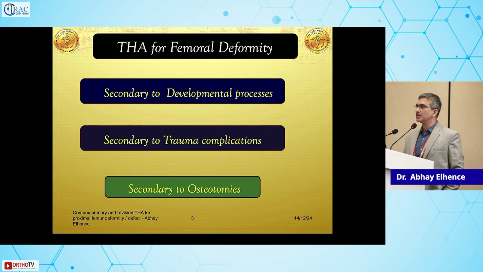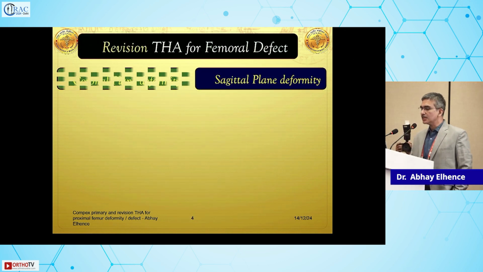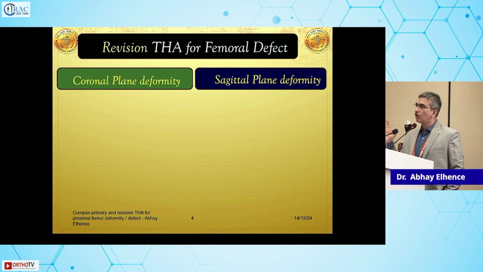And invariably, we will be faced with young adults or slightly older adults who will need total hip arthroplasty or revision hip arthroplasty, which is secondary to the developmental process, or secondary to trauma complications, which we see a lot of, and which will be secondary to childhood osteotomies or adult osteotomies done for various indications in various situations. All of this will cause a malalignment of the mechanical axis and thereby a distortion of the hip biomechanics, and that is what we want to put back.